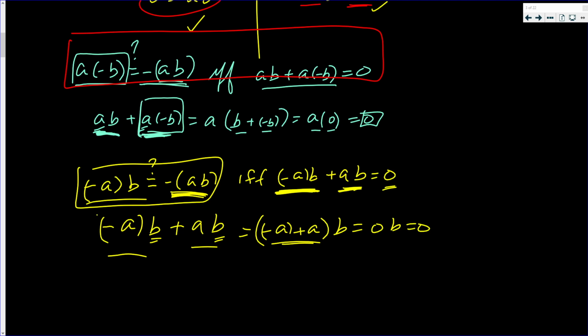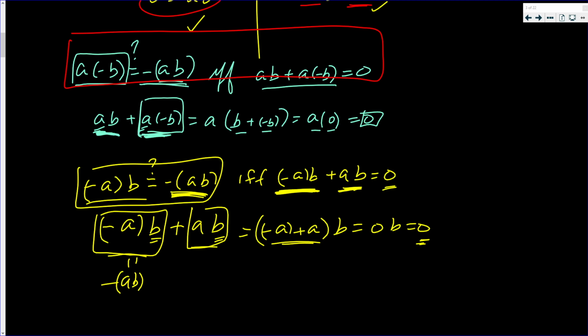Well, I don't care what this is. I took that and I added ab and I get 0. This must be the inverse of ab, and that's what I wanted to show. And I showed that.